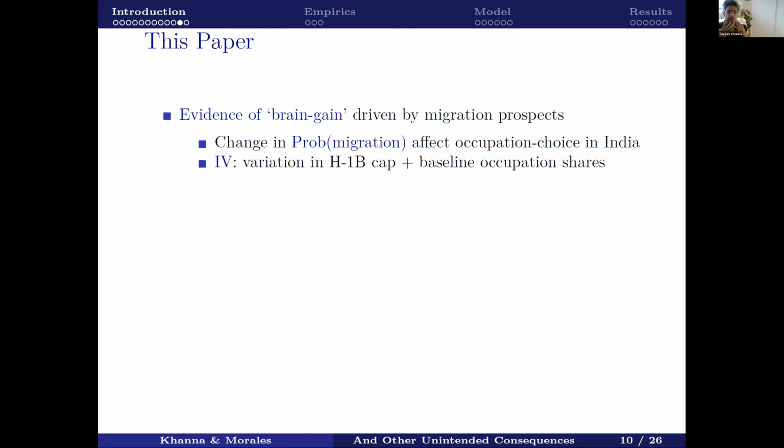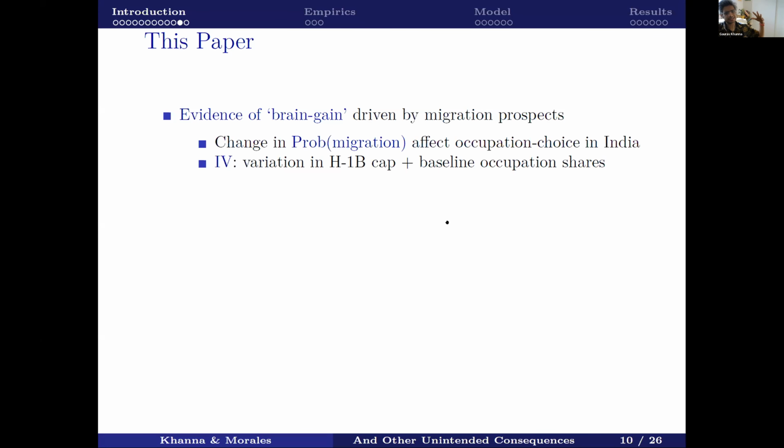So there was this upskilling in India with the prospect of trying to migrate to the US, right? So this brain gain is something we try to establish in our paper using variation in the H-1B program, and the fact that the H-1B program basically a lot of them really hire computer science workers.